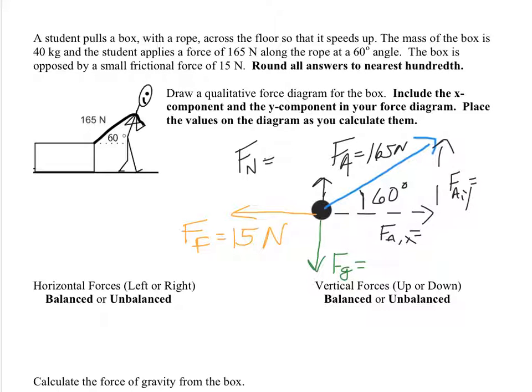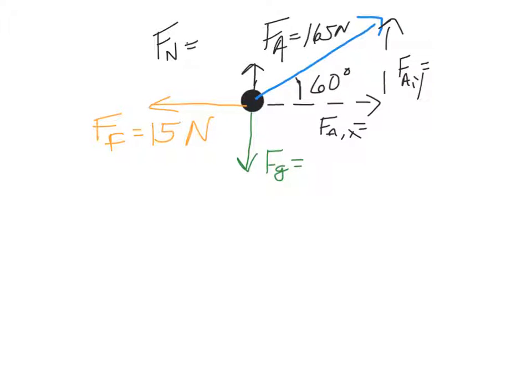So if I switch pages here, there's our force diagram copied over again. One thing I can always do is calculate the force of gravity, which is my mass times the gravitational field strength of 10. In this case, that's 40 times 10, which is 400 newtons. That's my force of gravity.